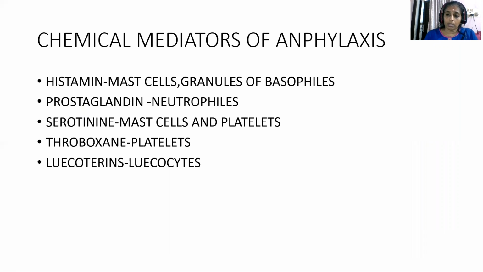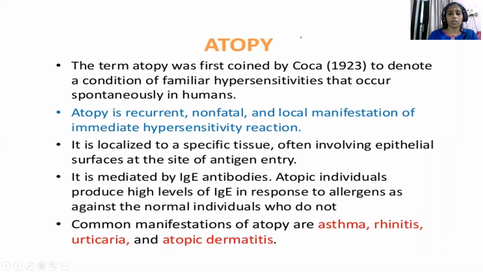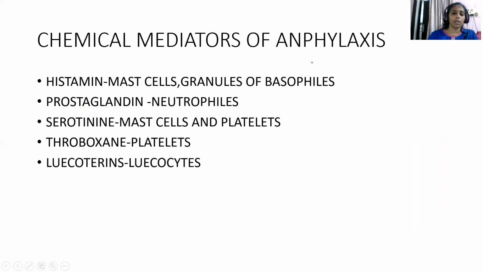I said there are some chemical mediators which help in anaphylaxis. So the chemical mediators are histamines, prostaglandins, similarly serotonin, thromboxane, and leukotrienes. These are the major chemical mediators.